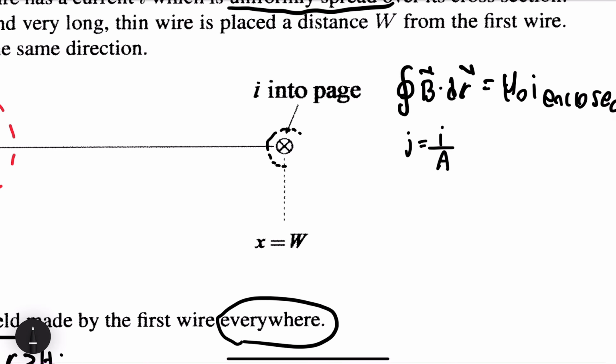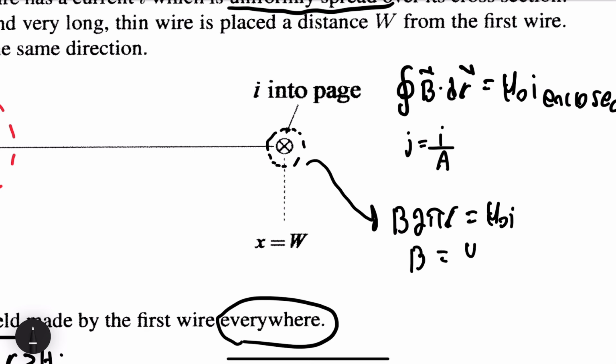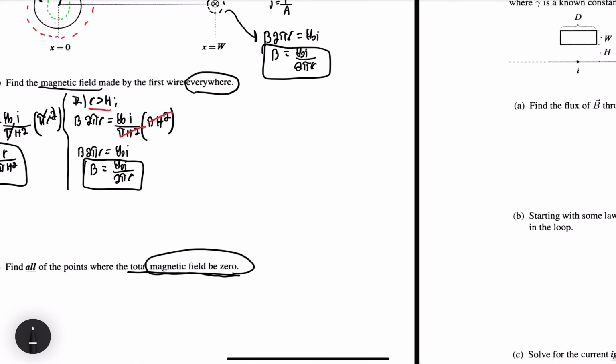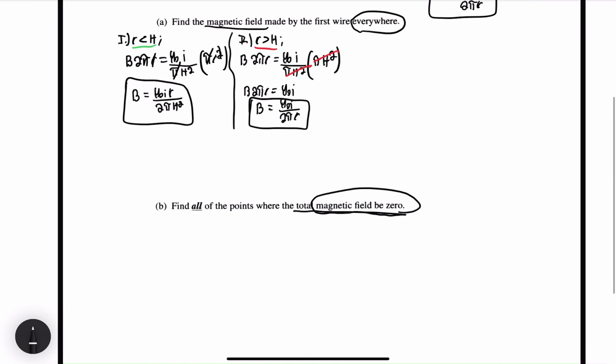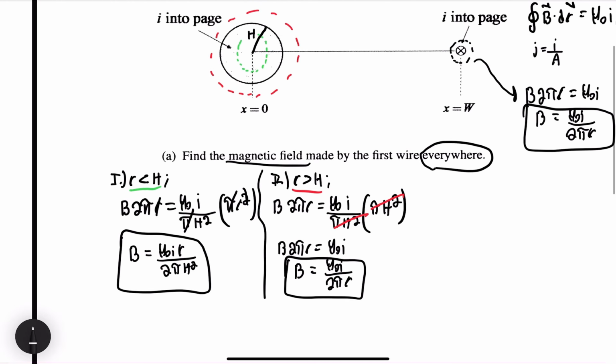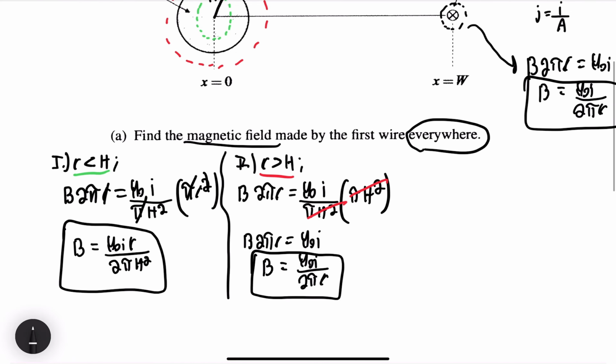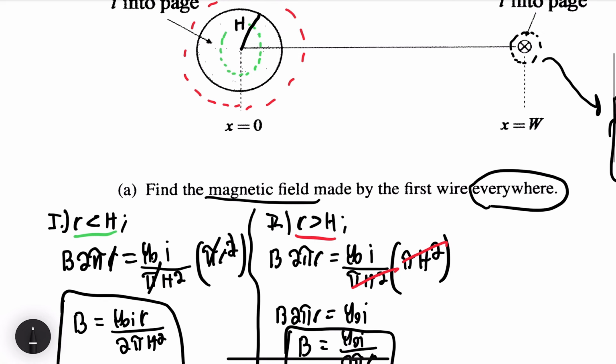So if I create a loop out here, I will get that B 2 pi r equals mu naught I, or B for this wire is mu naught I over 2 pi r as well. And it wants us to find when it's equal to 0 everywhere. So my first point, we should have 2 points, right? Because we have when r is less than h and r is greater than h.